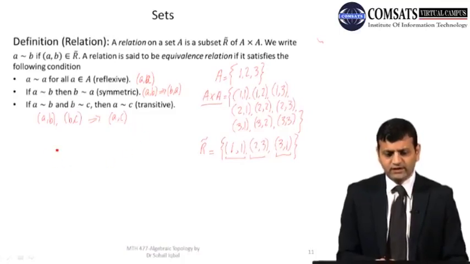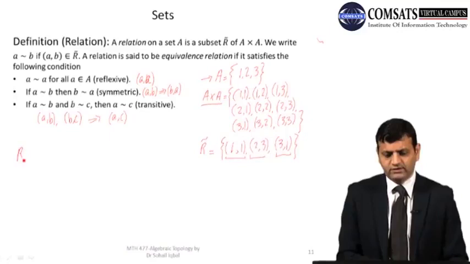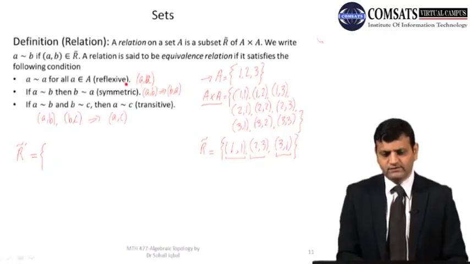So let's try to find an example of an equivalence relation on this set A. Of course an equivalence relation is a relation, so it has to be a subset of A cross A. So let's try to find a subset R tilde prime of A cross A which satisfies all these three conditions. The first condition, reflexivity, shows that it has to contain (a, a) for every a belonging to A. In other words, it must contain (1,1), (2,2) and (3,3).